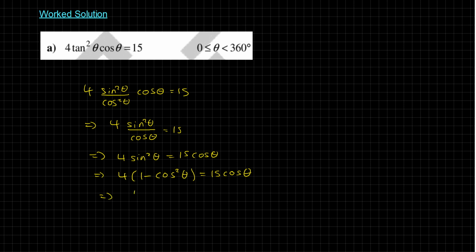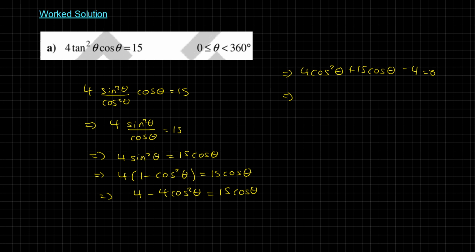Multiply out, and rearrange just to make it look a bit neater in terms of having the leading coefficient be positive. So what's that going to give me? Plus 15 cos theta minus 4 equals 0.